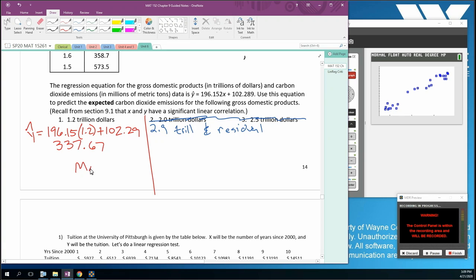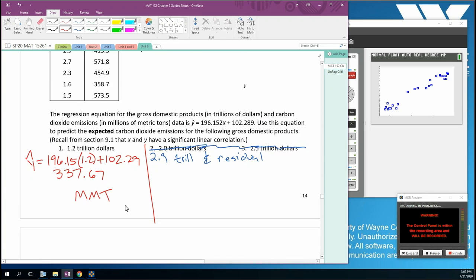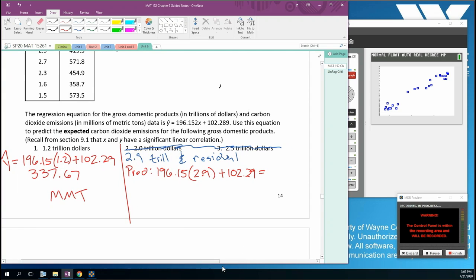Now, for 2.9 trillion, I'm also going to ask for a residual. So the predicted is 196.15 times 2.9 plus 102.29. The predicted CO2 emissions come to 671.13.